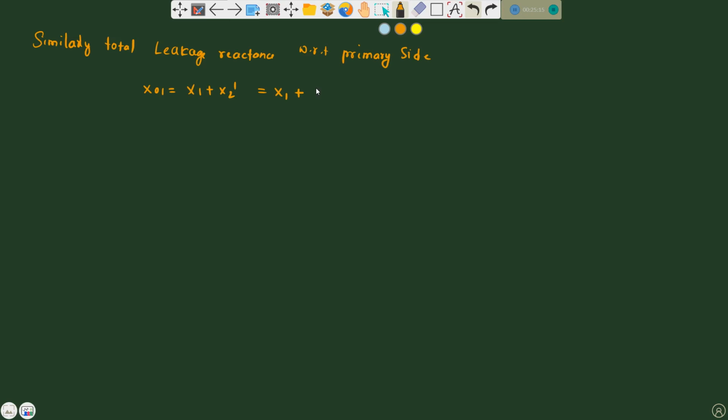In the last slide we discussed that x2 dash will be x2 divided by k square.